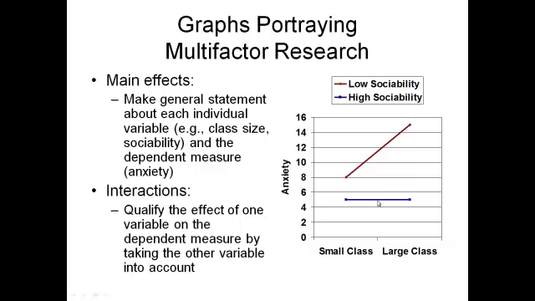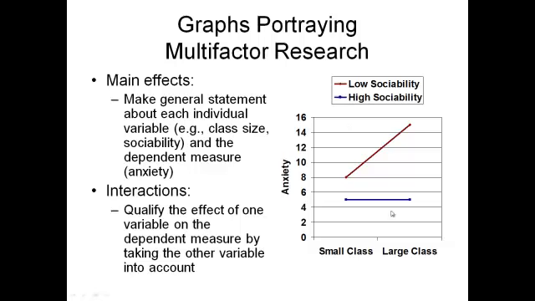The people with high sociability, about a 5. It's about 5 here. So what that would tell you is, oh yeah, it looks like there is a relationship between sociability and anxiety. The high sociability people are less anxious than the low sociability people. And that would be a main effect for sociability.